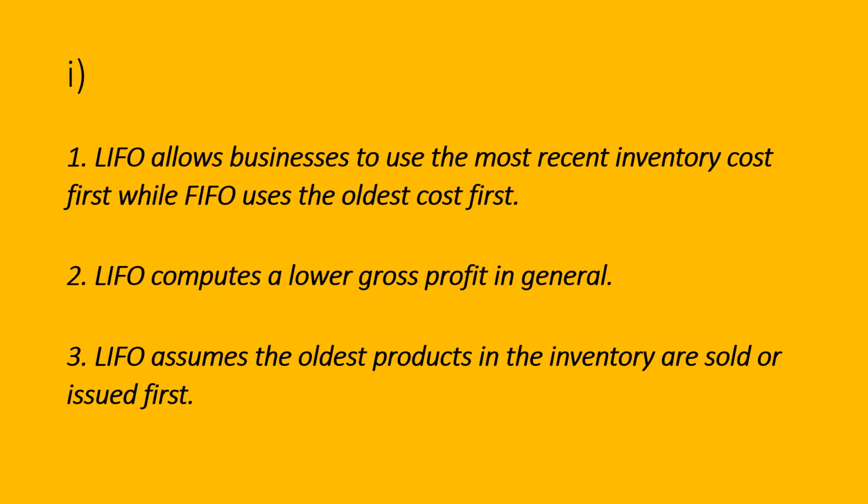And three, FIFO assumes the oldest products in the inventory are sold or issued first. That is just an assumption. It does not necessarily follow that you are going to sell your old stuff last and the new ones you are going to sell them first.